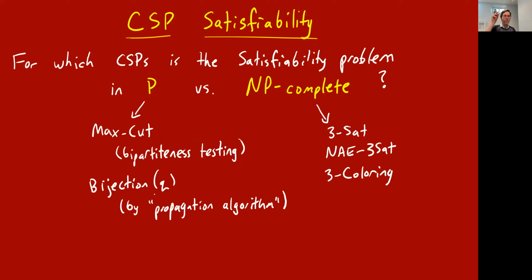Why? Well, you can just take any vertex in a bijection instance and try all the possible assignments for it. And for each one, assuming this variable participates in some constraints, the bijection property of the constraints means, all the constraints, by the way, are binary, that as soon as you decide on a domain value for one variable, it forces a unique choice for all of the variables that it participates with in constraints.